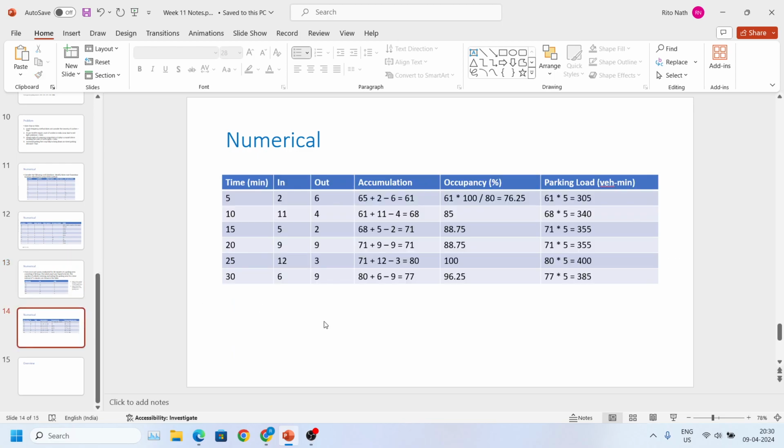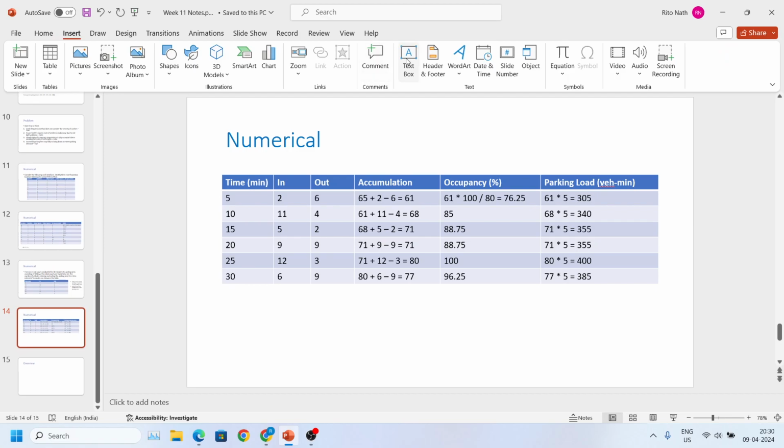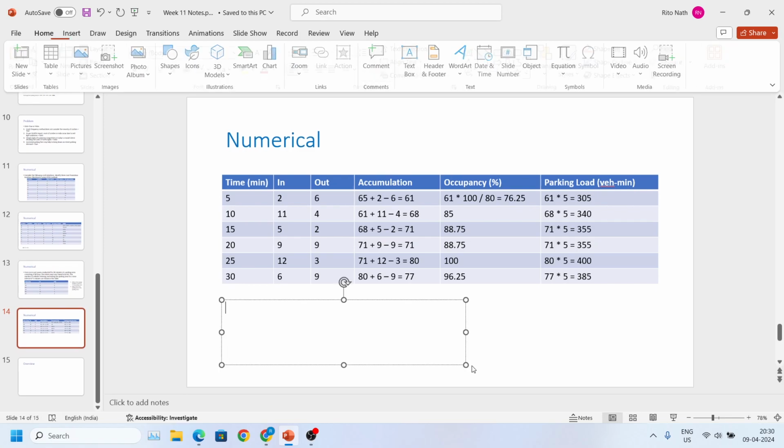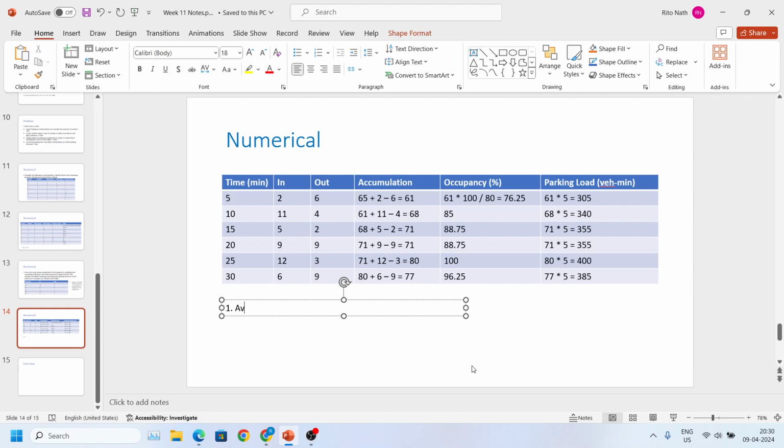For the first one, you have to take the average. So the first one is average parking occupancy. This is 76.25 plus 85 plus 88.75 plus 88.75 plus 100 plus 96.25, and there are 6 such intervals, so divided by 6.